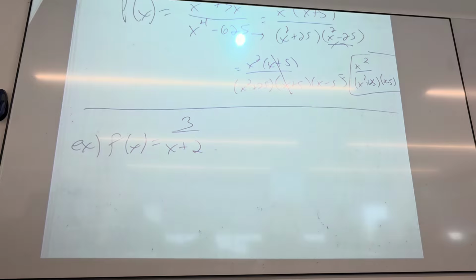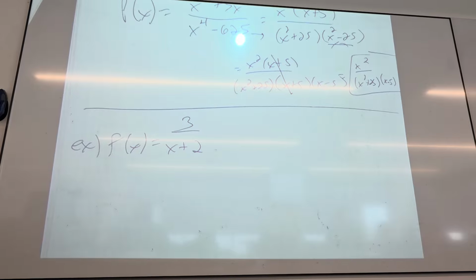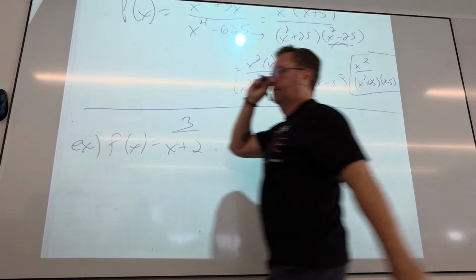No. I've asked you questions about this kind of function before. Does anyone know what one question I could ask you is? I could ask you what's f of 7. No, I don't care about that. A general question I could ask you about this function. Come on, you guys know. Find the inverse. Okay, I could ask you to find the inverse. I'm not going to ask you that.